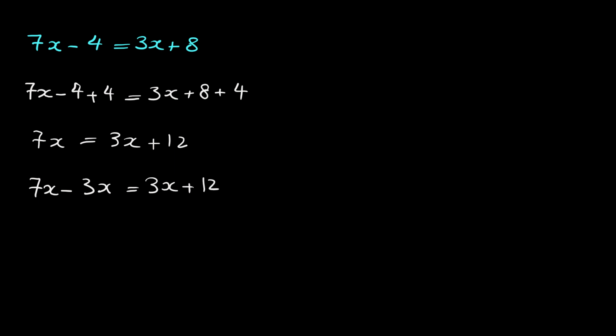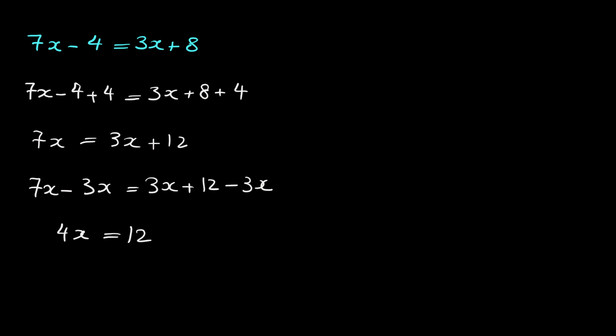We subtract 3x from the left side and from the right side. Now, what is 7x minus 3x? These are like terms. 7x minus 3x is 4x. 3x minus 3x, these two terms are negatives of each other, they cancel each other. What remains here? 12.